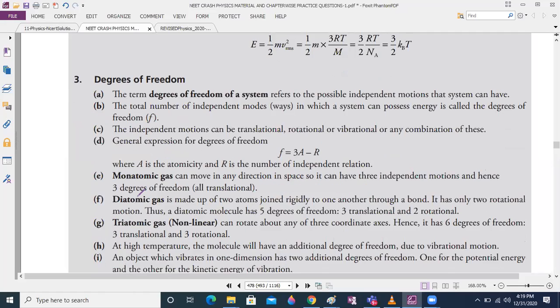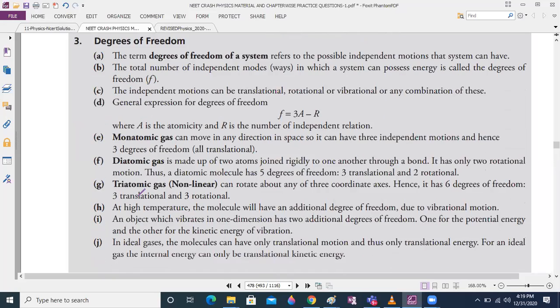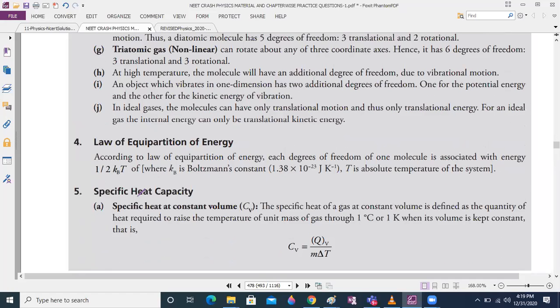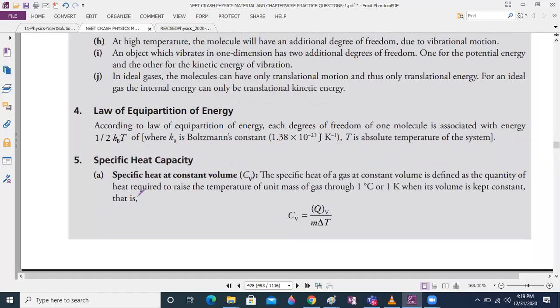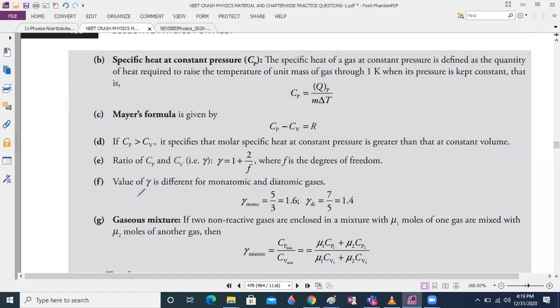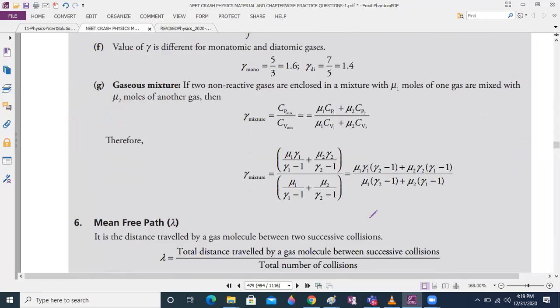Monatomic gas, diatomic gas, triatomic, non-linear, linear, the law of equipartition of energy, specific heat capacity, specific heat at constant pressure. It is extra formulas, the mixture of gases. In case they give it, you can utilize this formula.